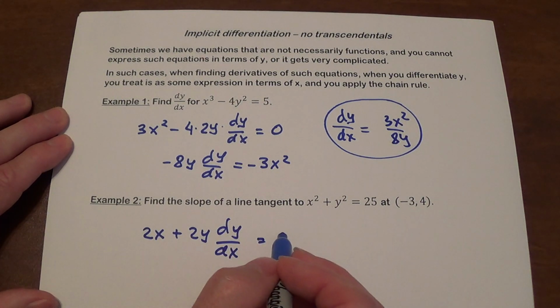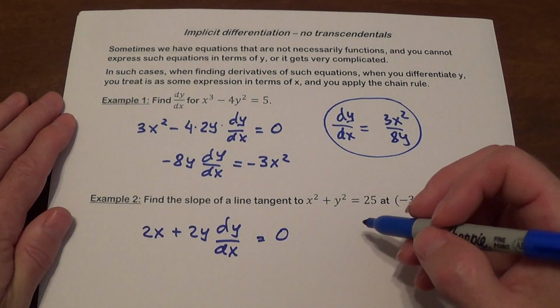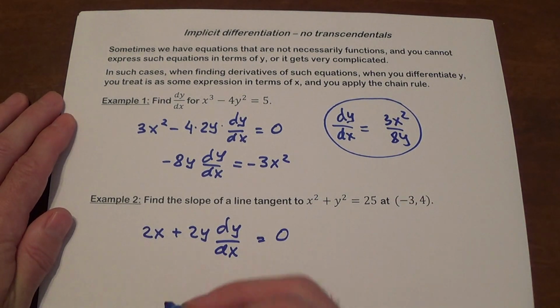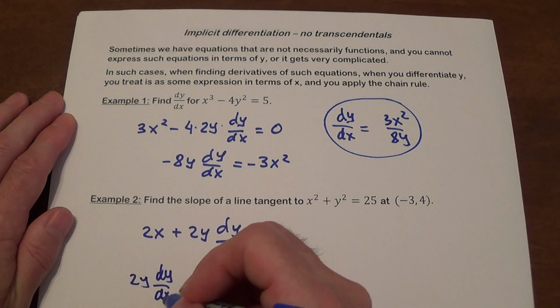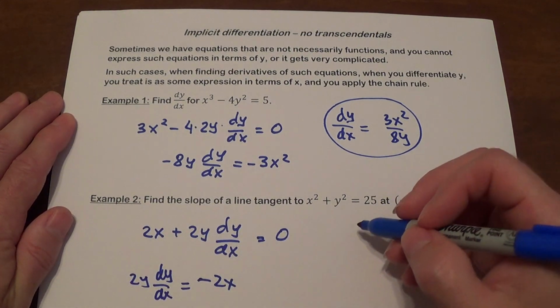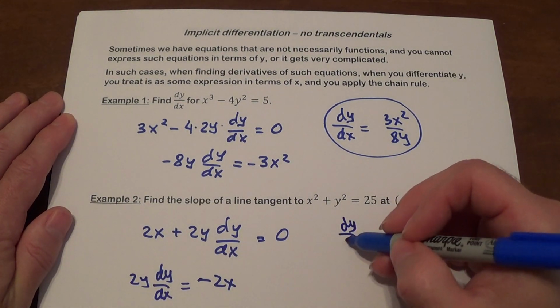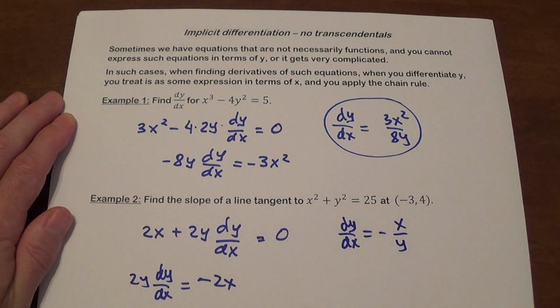And the derivative of 25 is going to be 0. So what we can do now is solve this. We're going to get 2y dy over dx equals negative 2x.